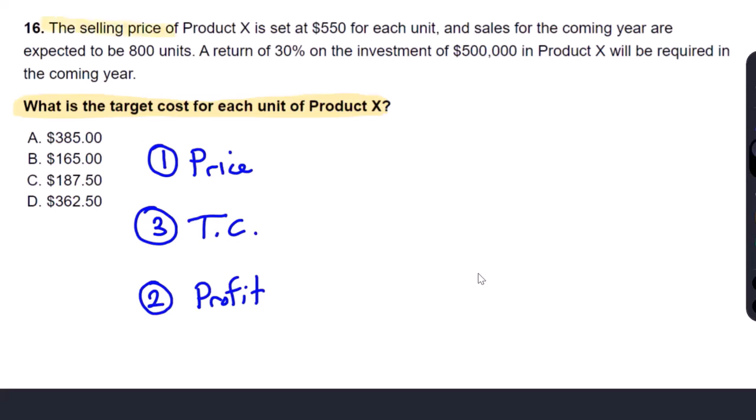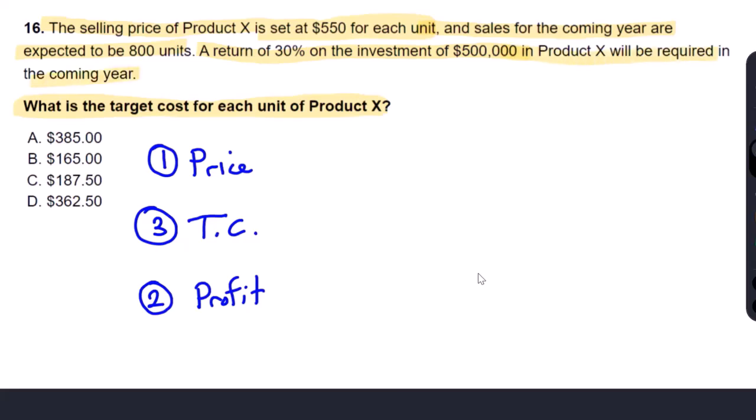The selling price of product X is set at $550 for each unit. Ooh, that's going to be very useful. Sales for the coming year are expected to be 800 units. And the required return is 30% on the investment of $500,000 in the coming year.